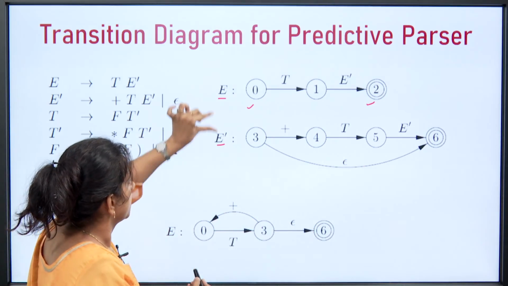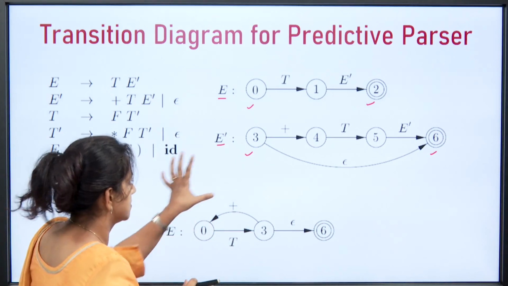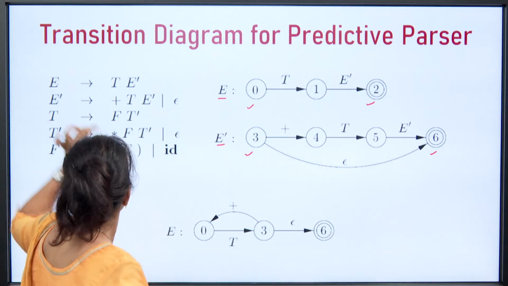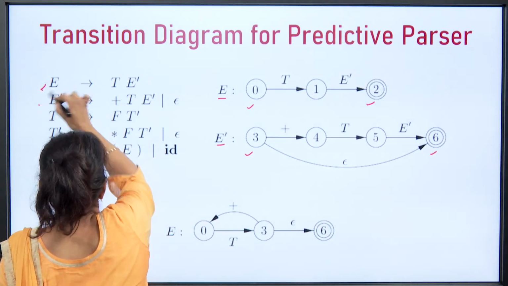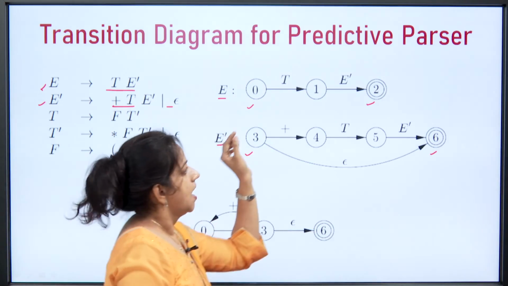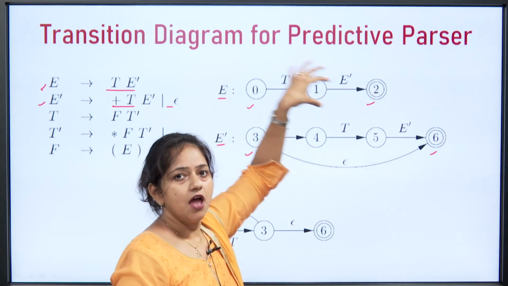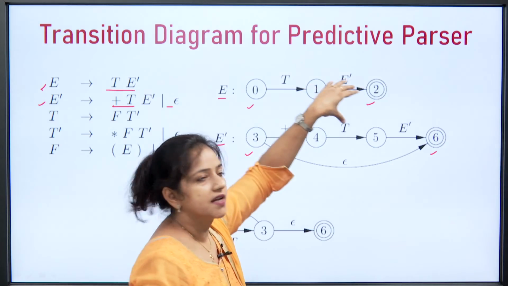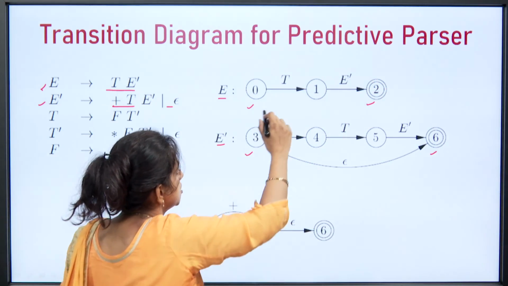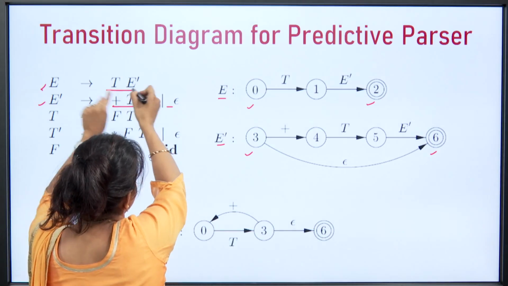Similarly, for E prime we create a start state and a final state. Do not look at the numbering, just the start state and the final state. Now, this is about the left hand side. On the right hand side we will have the alternates, the string of grammar symbols, and between the start state and the final state we mark the intermediate transitions, labeled by these grammar symbols in sequence.